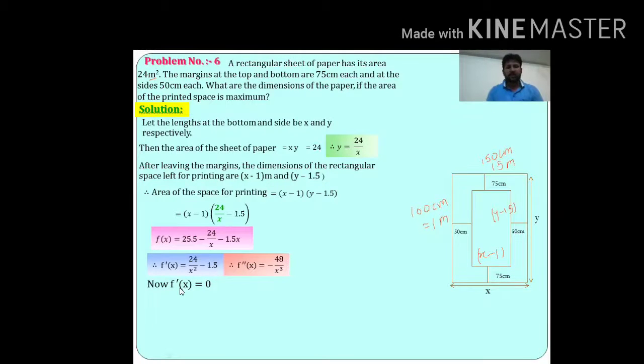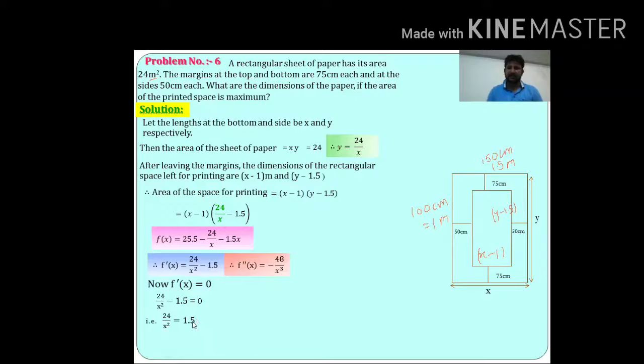Now we check f dash of x at a particular point. The first derivative is equated to 0, that is 24 by x square minus 1.5 equals 0. 1.5 shifted to the right-hand side will be positive. So 24 by x square is 1.5. Now to get the value of x, x square is shifted to the right-hand side and this 1.5 to the left-hand side.